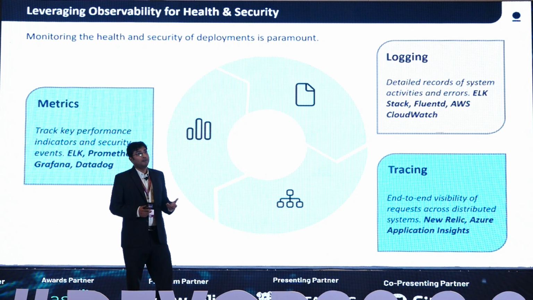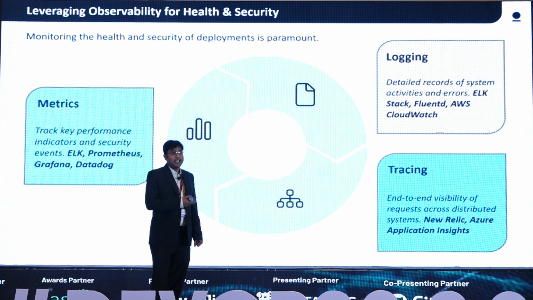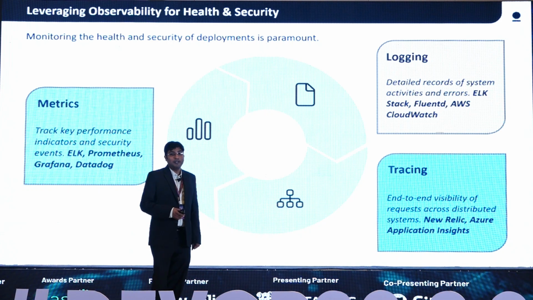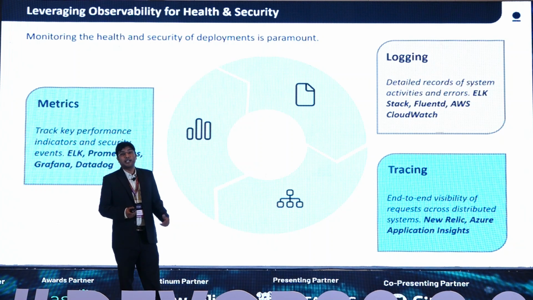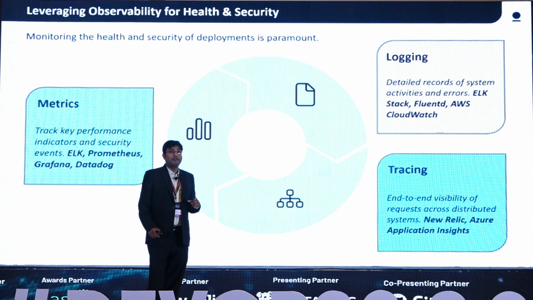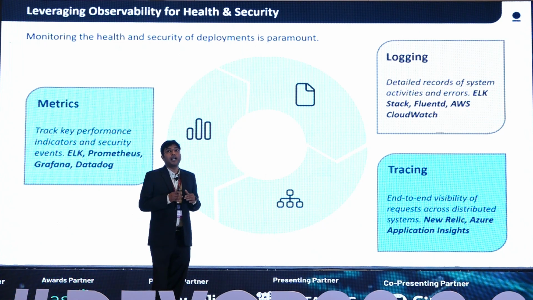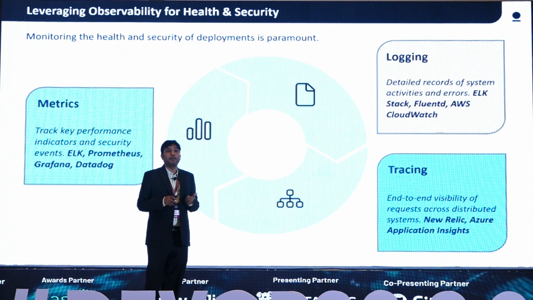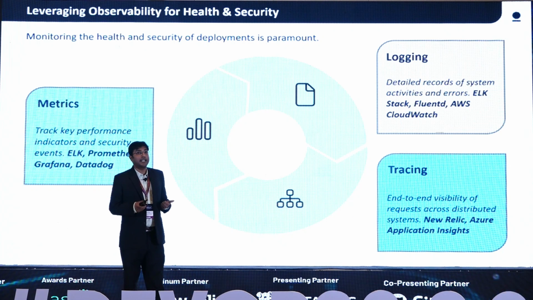Most of us, if you are in the cloud, might have heard of or used it. For tracing, New Relic is a powerful tool, and Azure Application Insights on the cloud side if you are using Azure. So yeah, observability for the health and security of our application. I think everyone should have observability in place to bring efficiency in troubleshooting and getting issues resolved.